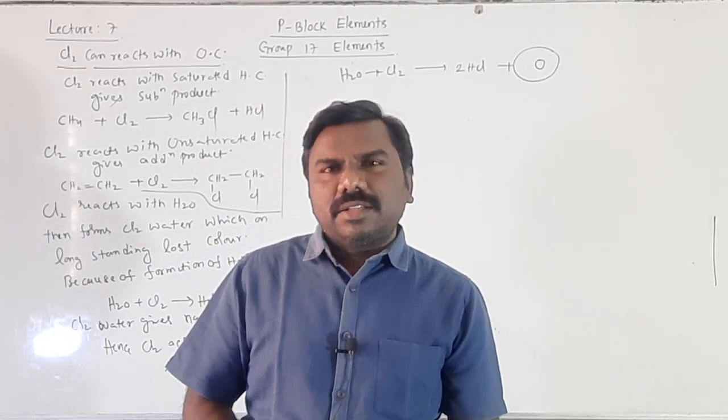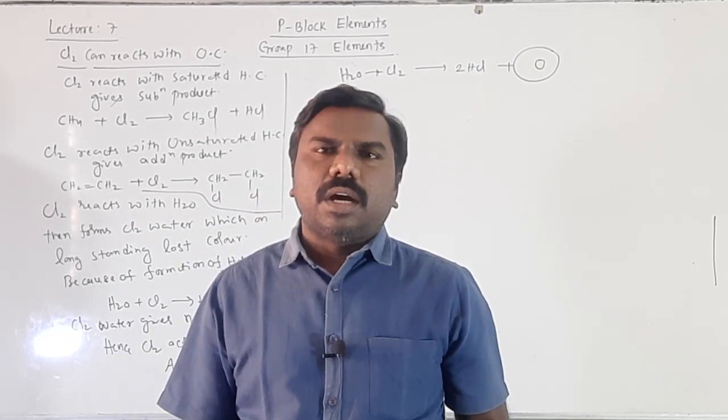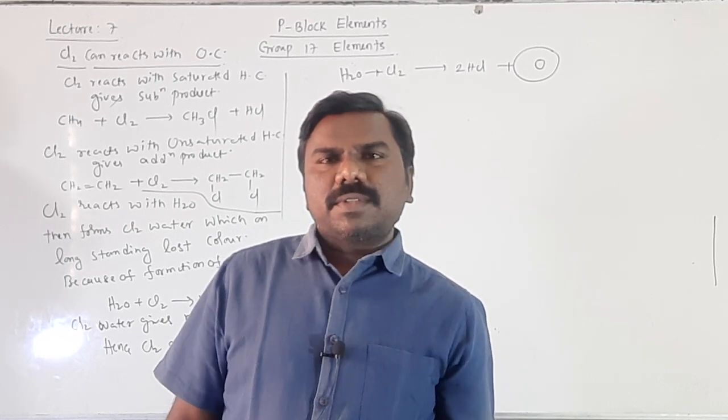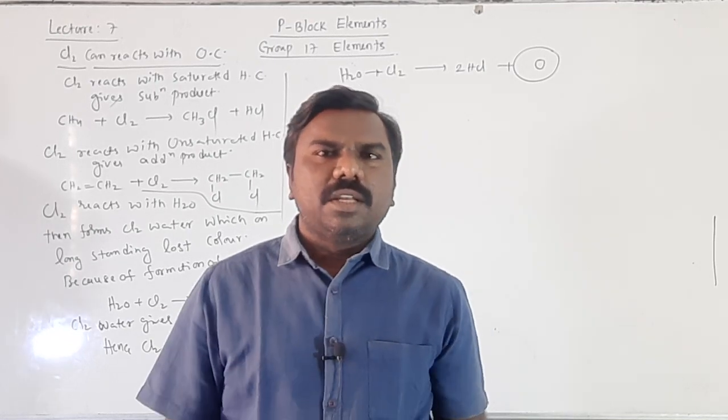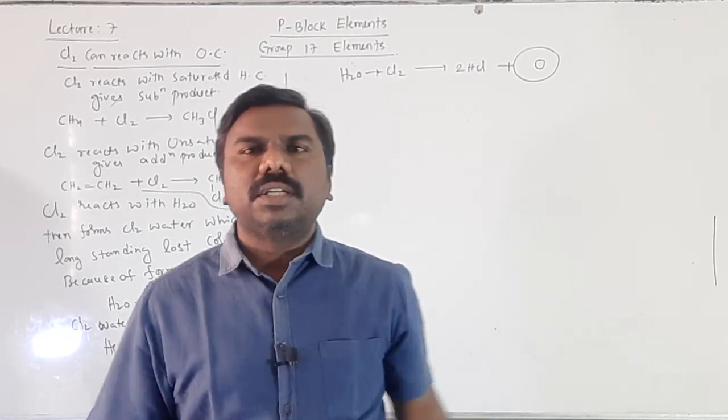Chlorine can act as an oxidizing agent, as I just told you. It oxidizes ferrous to ferric, sodium sulfite to sulfate, iodine to iodic acid, sulfur dioxide to sulfur trioxide.